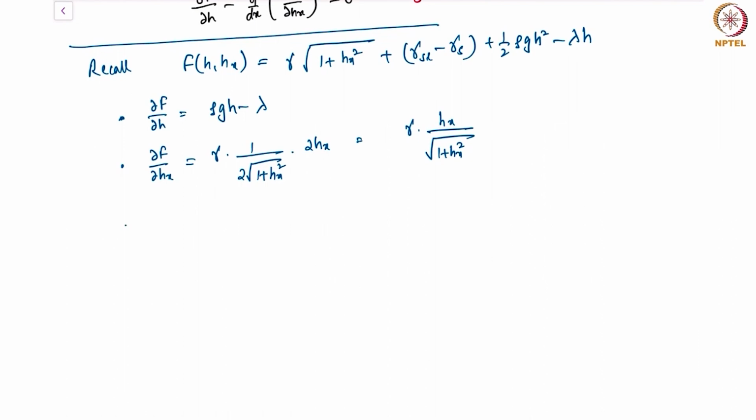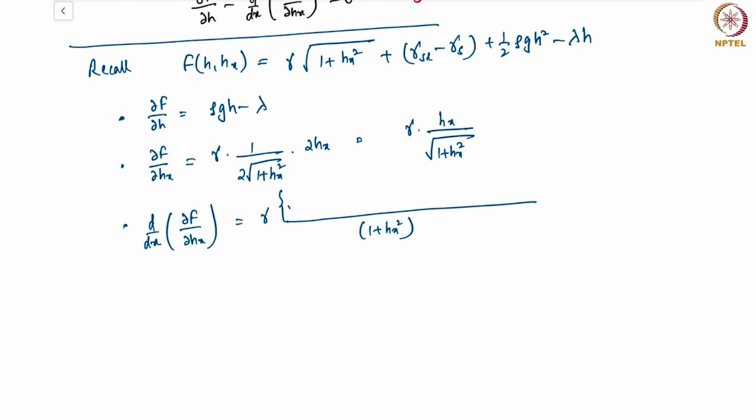Okay. And finally, in the Euler-Lagrange equation, we need the x derivative of this quantity, d by dx of del f by del h_x. And we have 1 plus h_x square. Let me quickly do this.